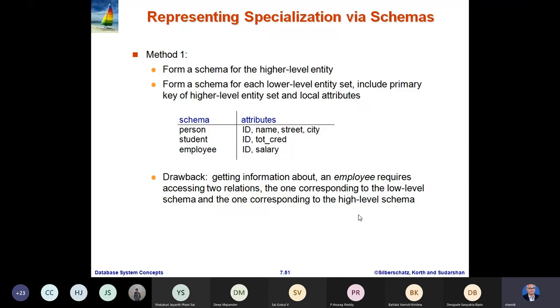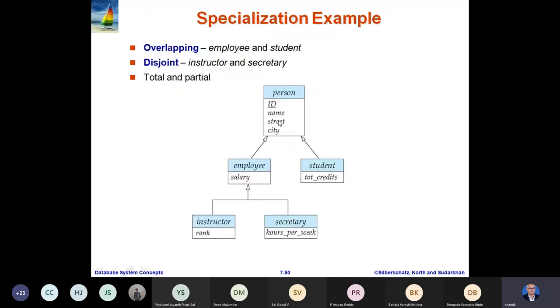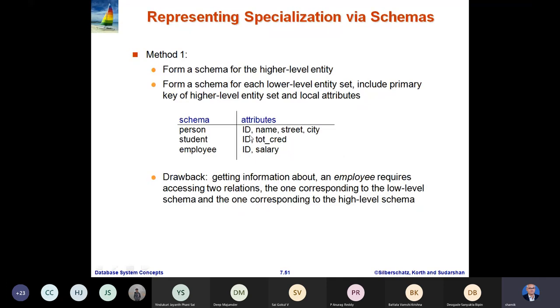And first of all, for the topmost level, we'll have the schema for person, and it will have all these attributes of a person, and whichever is the key attribute also becomes the primary key here. So this ID you can consider is underlined. That means for this table called person, the ID column will be the primary key. And then we have these other attributes: name, street, and city.